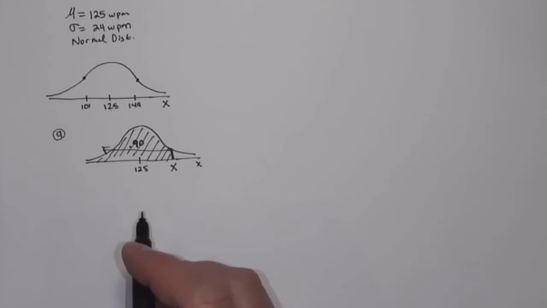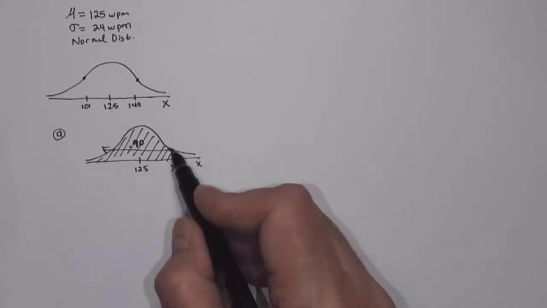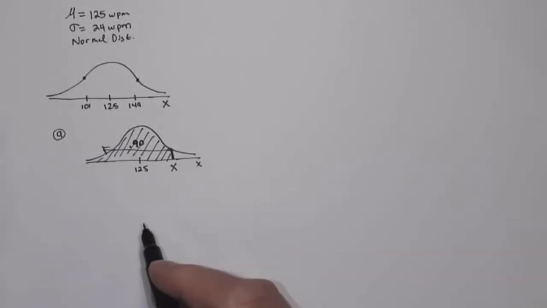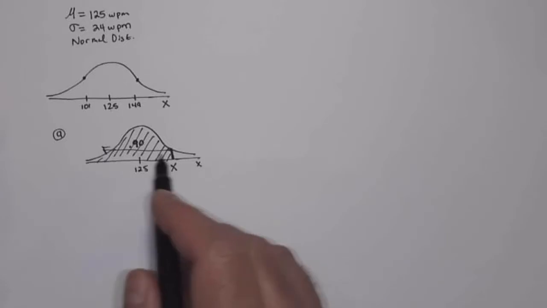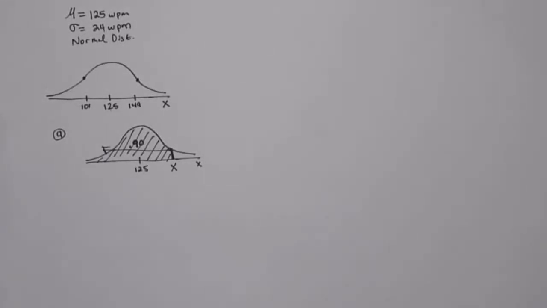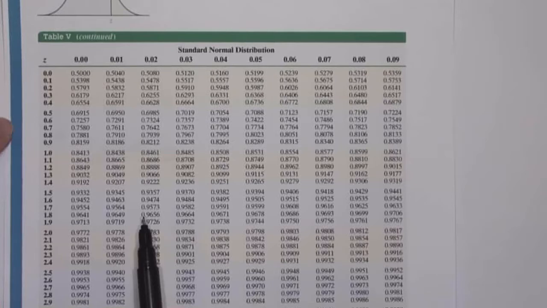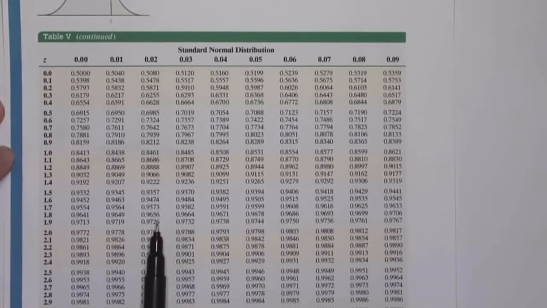So how do we do this? Well, we can do this a couple of different ways. One, we can begin by using our normal table to find the z-score that has 90% to the left, and then we can convert that z-score to our reading speed. So if I pull in our table, I know the area to the left needs to be 90% or 0.9000.